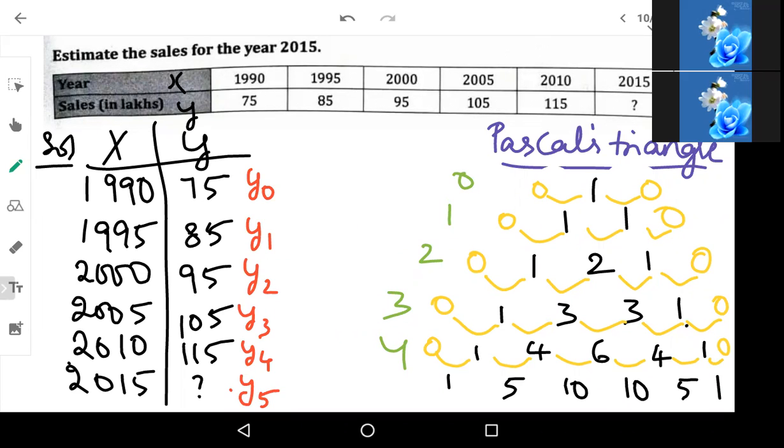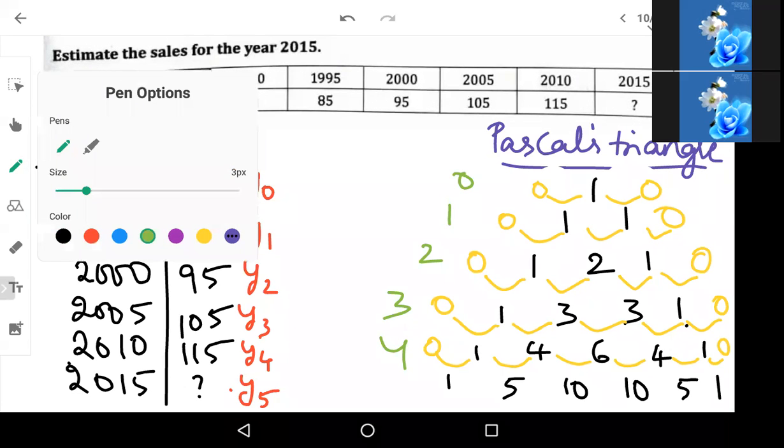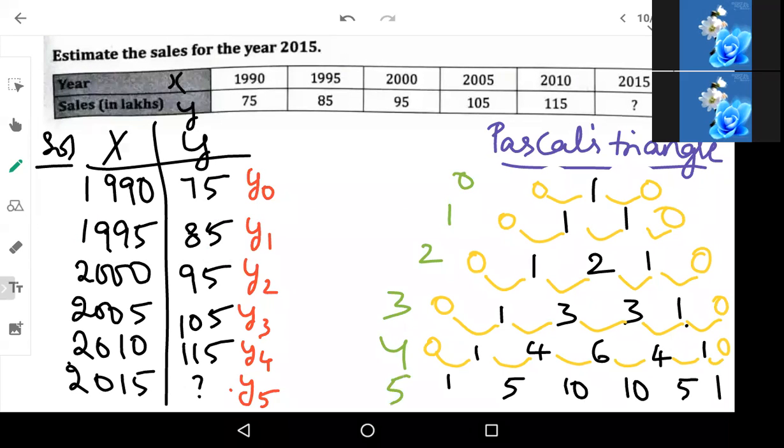Don't forget, the first number and the ending number will be 1. Only in between you will have all the other numbers. Okay. Now we have all the 5 levels, from 0, 1, 2, 3, 4 and 5.